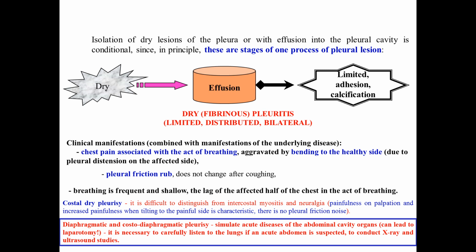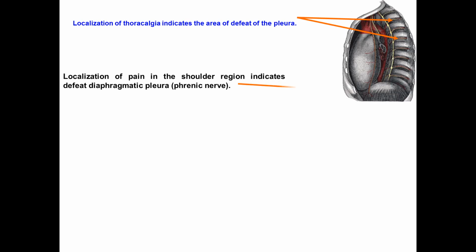And also you should know diaphragmatic and costodiaphragmatic pleurisy simulate acute disease of abdominal cavity organs and can lead to laparotomy. It's necessary to carefully listen to the lungs if an acute abdomen is suspected, and to conduct X-ray or ultrasound studies.